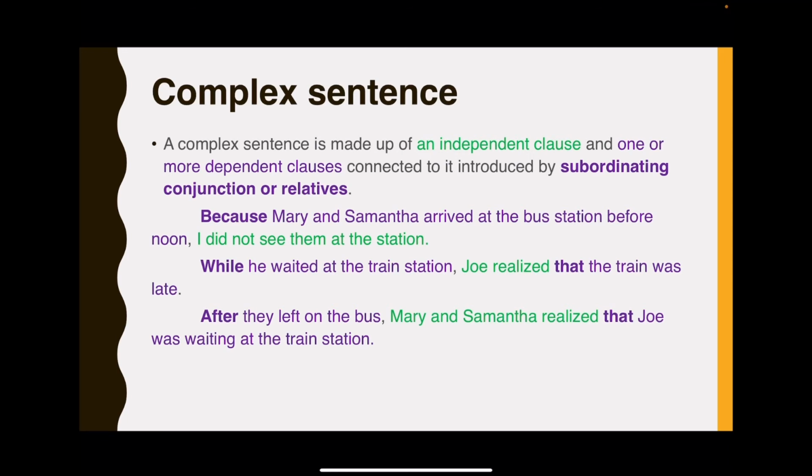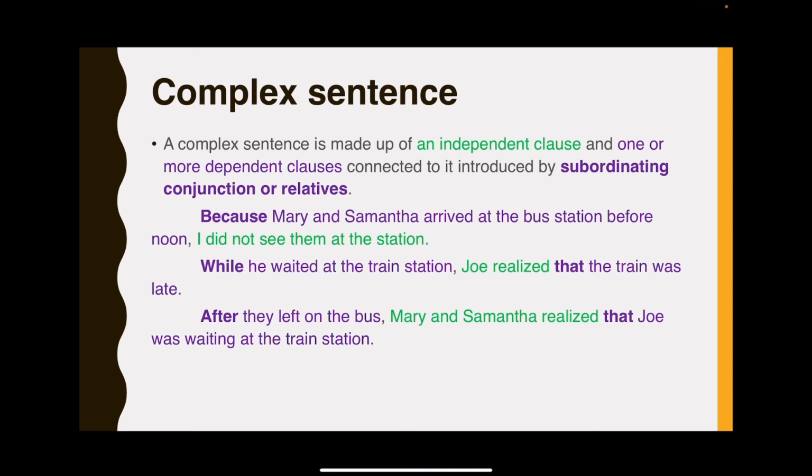Okay, next one. While he waited at the train station, that is the first dependent clause, Joe realized, here, this is the independent clause, that the train was late. That is another dependent clause. Okay, so it's possible, as is mentioned, that there can be one or more dependent clauses, attached to an independent clause or the main clause.